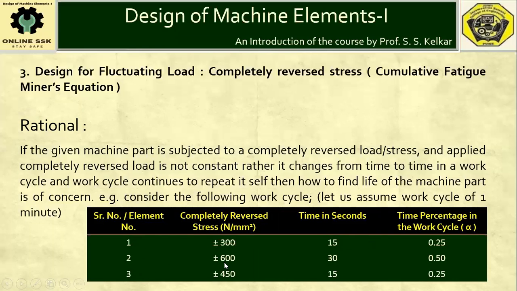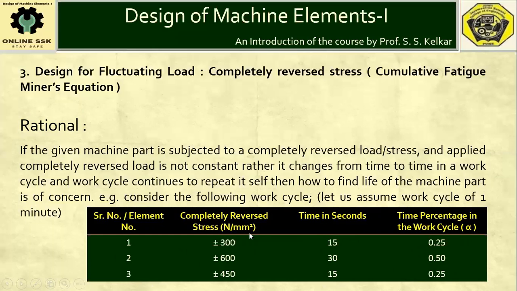Secondly, induced stress of value plus minus 600, element number 2, lasts for 30 seconds out of the 1 minute work cycle. That means it lasts for 50%, or in fraction its duration is 0.5. So alpha 2 is equal to 0.5, alpha 1 is equal to 0.25.